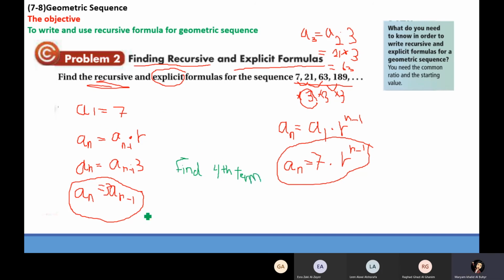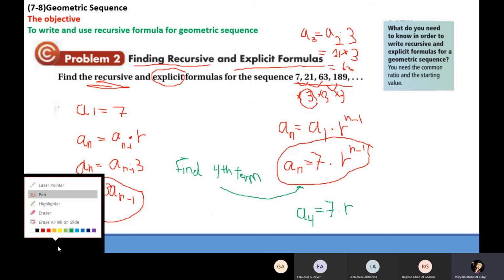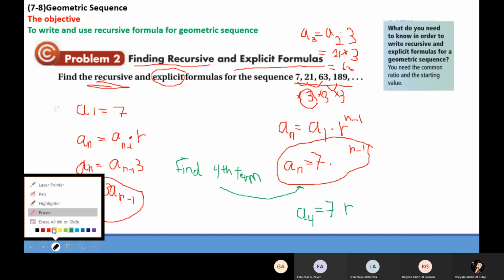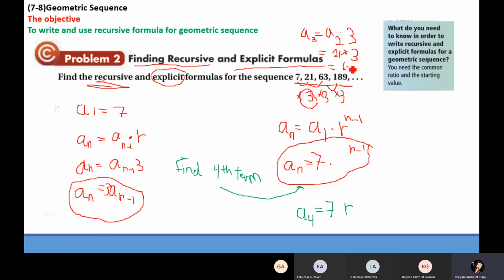If I'm asking you to find the fourth term by using this one, I can just say, okay, A4 equals 7 times r to the power. So what is r? Sorry, here I must write what is r. I forgot to write what is r. So I'm going to erase this r because I need to substitute. That was 3.